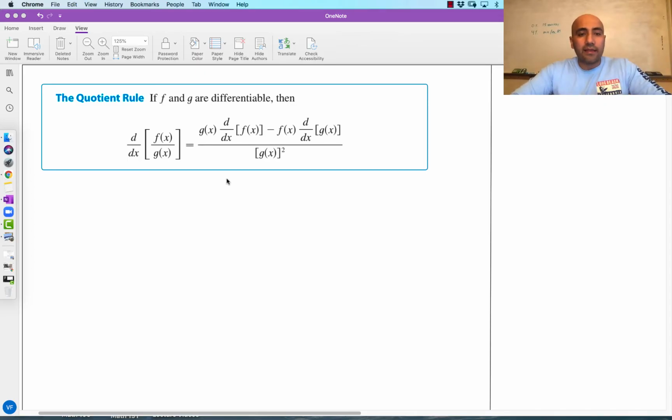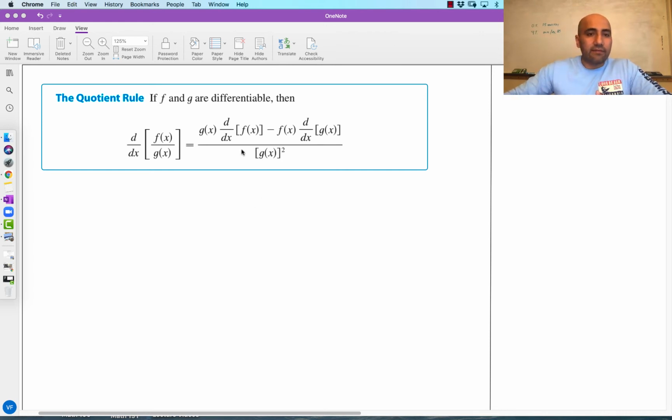Keep in mind that in the songs, they usually refer to low as the denominator, and then d of high. So this means the g of x is the low, d high is the derivative of the high, minus high d low, over the denominator squared we go.